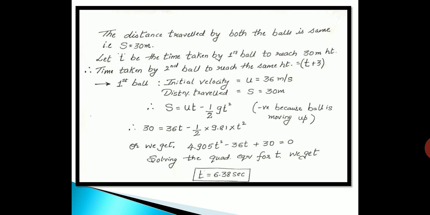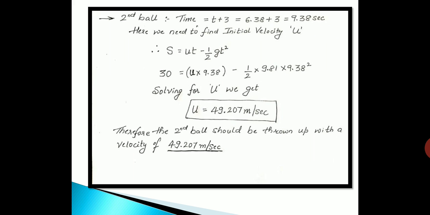That means the first ball, which is thrown with a velocity of 36 meter per second, reaches the height of 30 meters in 6.38 seconds. Now let us analyze the second ball.